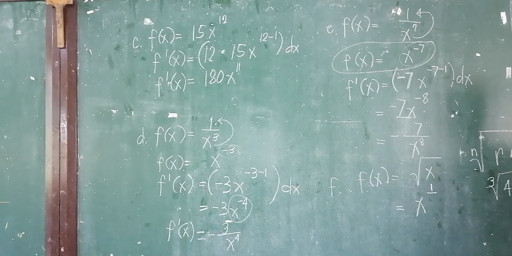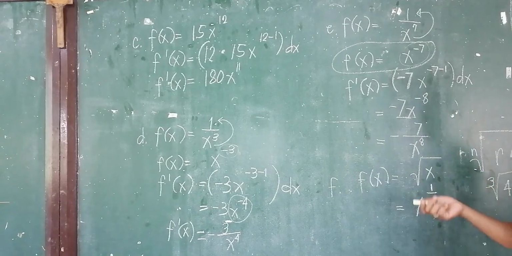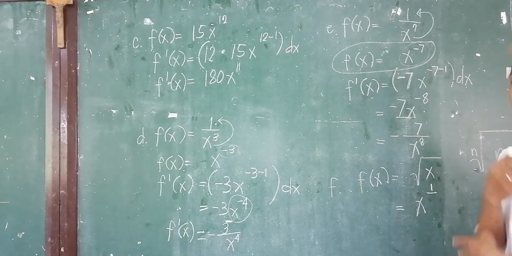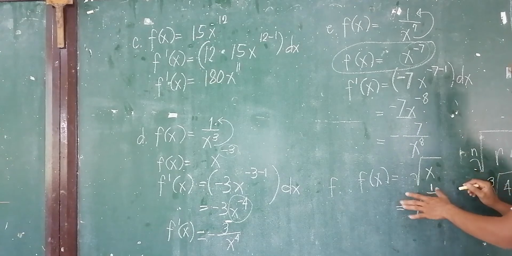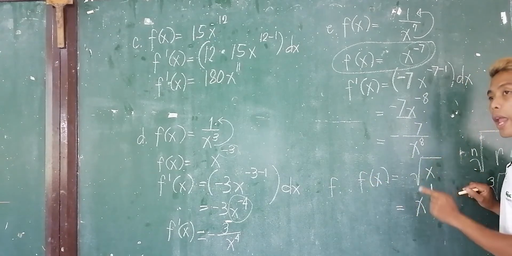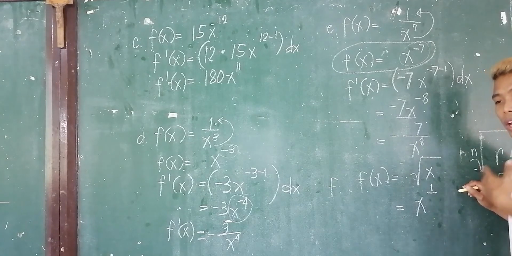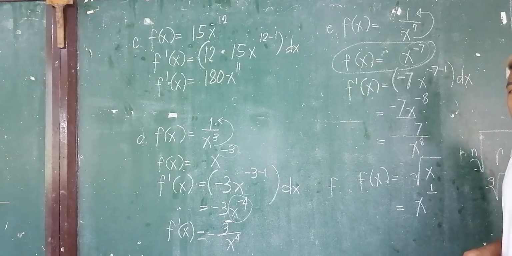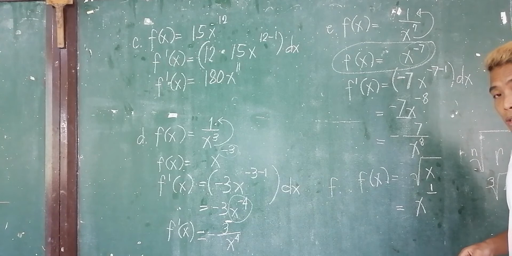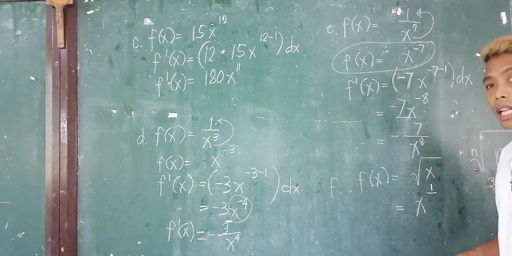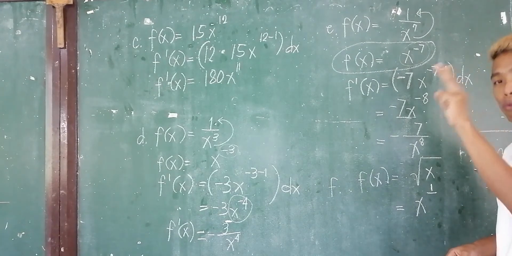Ano yung maliit na number na tinatawag nating index? Yun ay 4. Okay. Pero dito, kapag walang nakalagay na number, basahin natin. So, babasahin natin, the square root of x. Square. Kapag nag-square ka ng number, halimbawa, 5 squared. So, pag sisulat natin yung 5 squared, that will be 5 raised to 2.